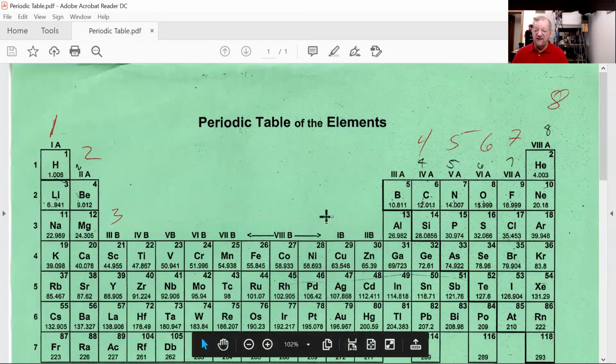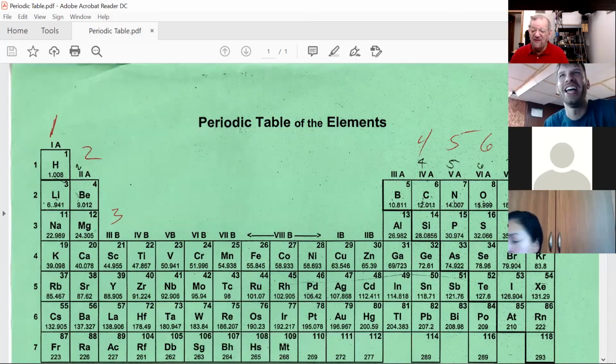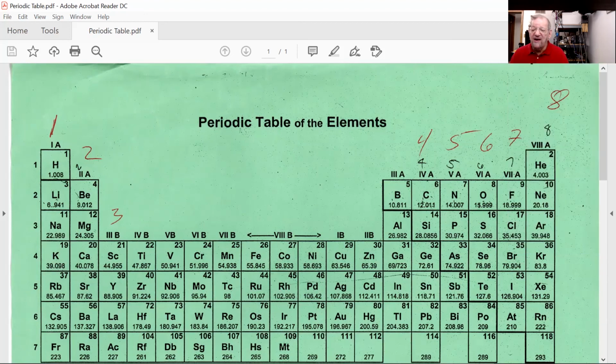Oxygen is over here. Everybody see the periodic table? Good. I'll let you round this off to 3 significant figures, and then we'll continue on. All right, that's 16.0.